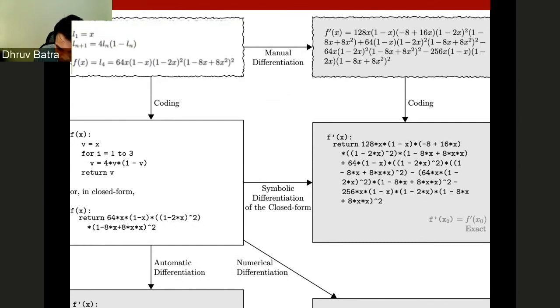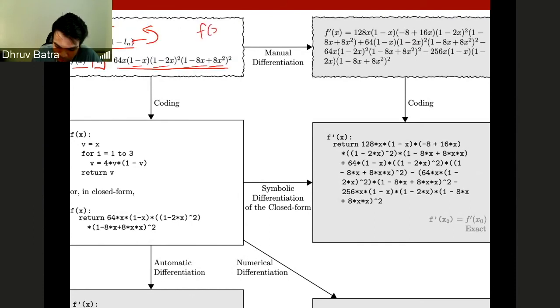We have a recursive definition of our sequence. So this is our function: 64x(1 minus x)(1 minus 2x) squared (1 minus 8x plus 8x squared) the whole thing squared. This is just a polynomial function. There's nothing particularly special about it. The only thing special is that I have a recursive definition of this polynomial. So this is my input, this is f of x, and I want to compute the gradients.